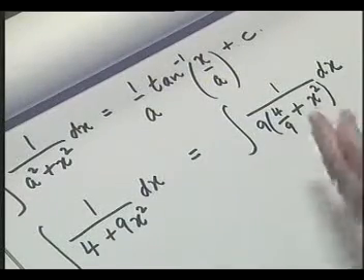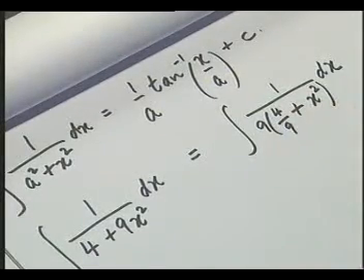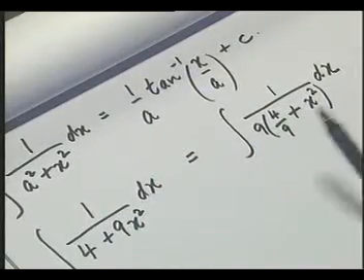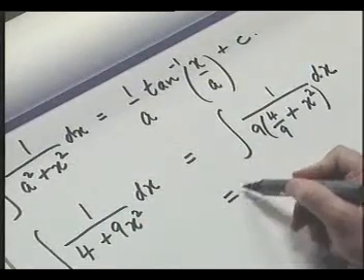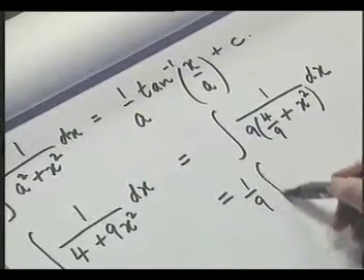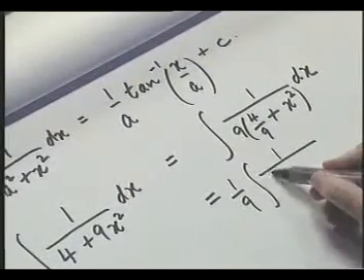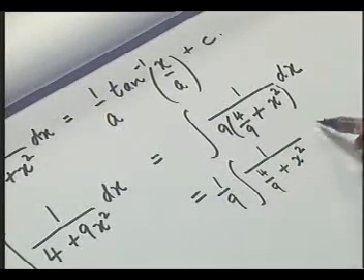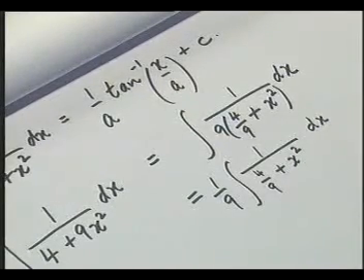So I haven't changed anything, I've just taken a factor of 9 out. The point of doing that is that now I have a 1x squared here, which will match the formula I have there. If I take the 9 outside the integral, I'm left with 1 divided by 4/9 plus x squared, integrated with respect to x.